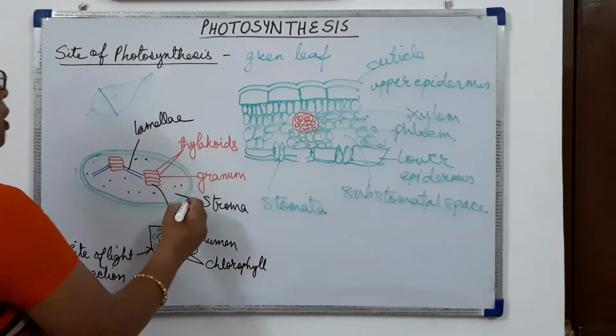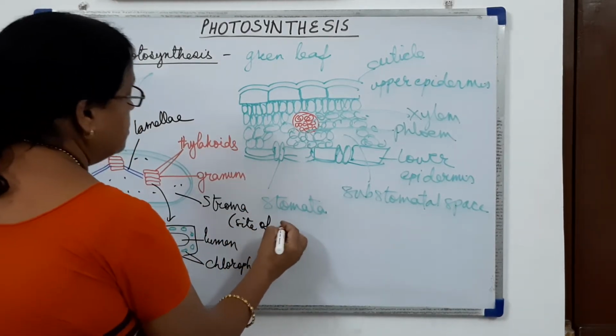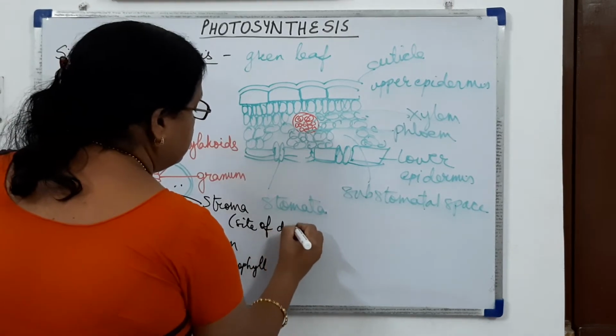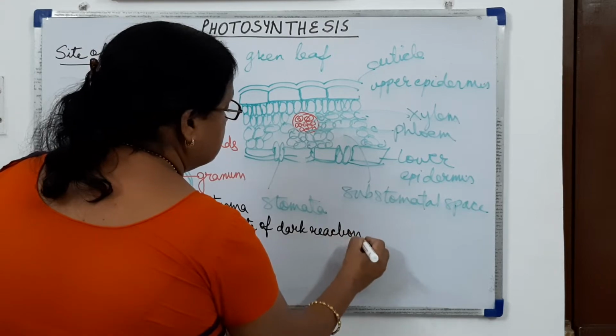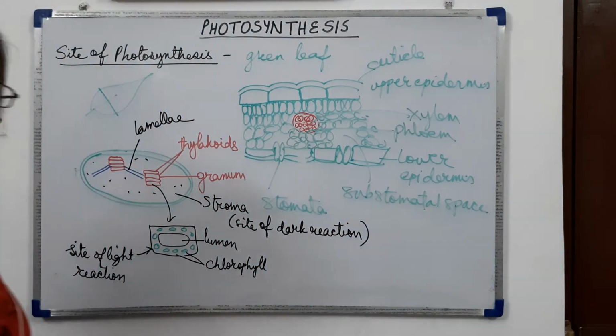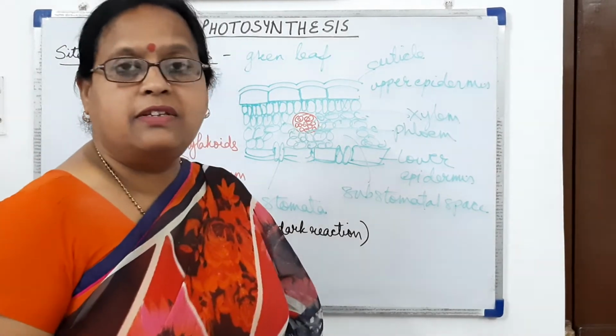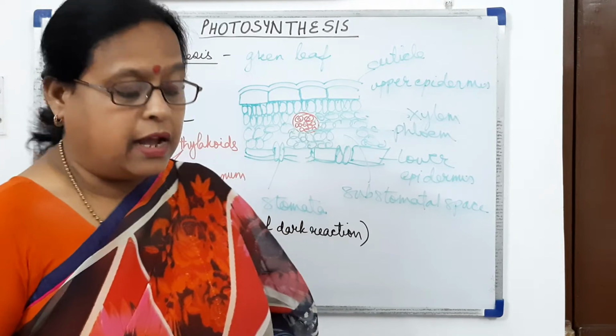And stroma is the site of the dark reaction. As we know, photosynthesis completes in two stages, the light reaction and the dark reaction.